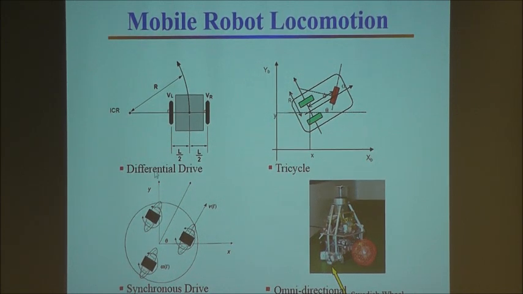You have a differential drive robot. The two velocities of the two wheels or rear wheels are the control variables. And then you would like to look at three variables: the X and Y coordinate of the center of the robot, the center of gravity, or similar to here. You have an idle wheel here and two controlled wheels here. And then the direction, the orientation of the robot moving, in addition to the X and Y coordinate.